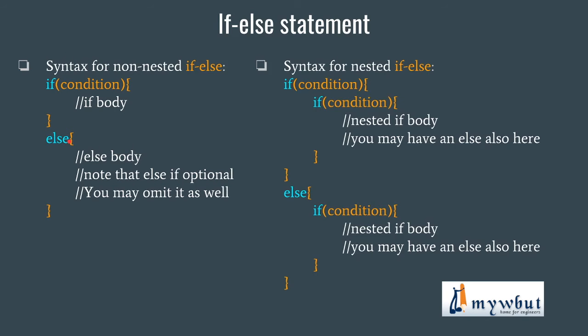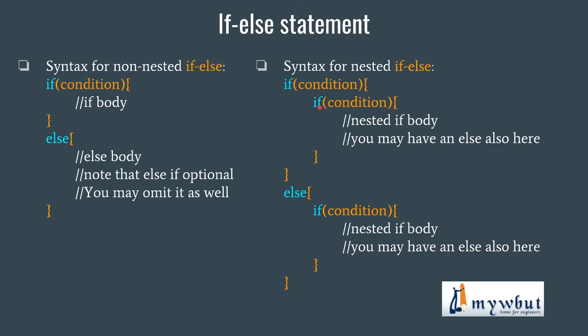But we have another variant. This variant shows that we can have an if block inside another if block, and similarly we can have another if block inside an else block. Likewise, you can also have another if inside this if, and you can always have an else to accompany it.